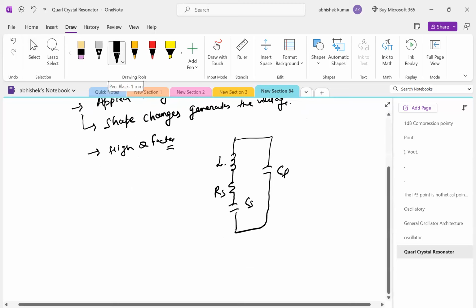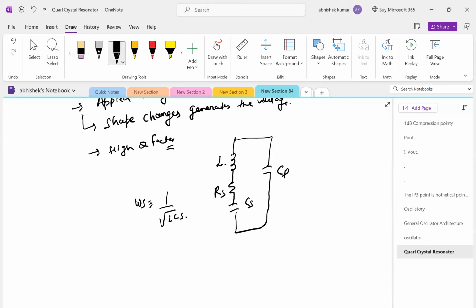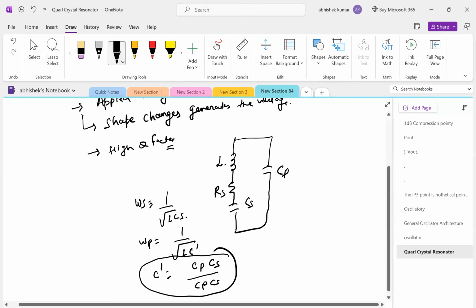For this one, I can write that omega s equals 1 by root L C S and omega p equals 1 by root L C dash, where C dash is C P C S over C P plus C S. Okay, this is your quartz crystal resonator.